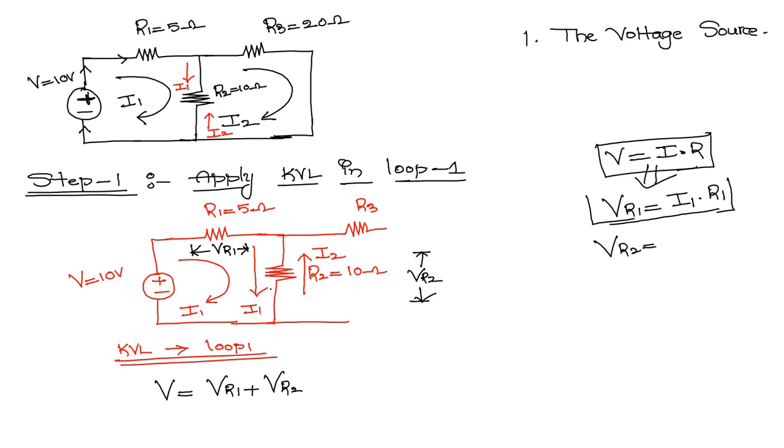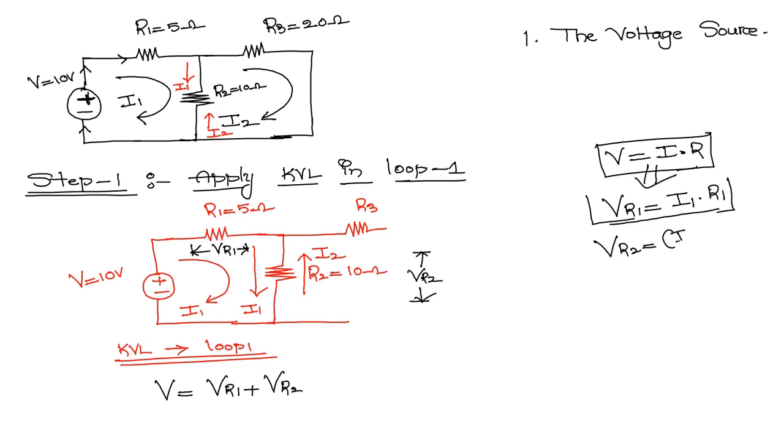So while writing the voltage drop across R2, we need to consider the effect of I1, which is flowing in loop 1, and I2, which is flowing in loop 2. Even when we apply KVL in loop 2, we need to consider I1 and I2, clear. So VR2 is equal to I1 minus I2 into R2, since two currents are flowing through R2.